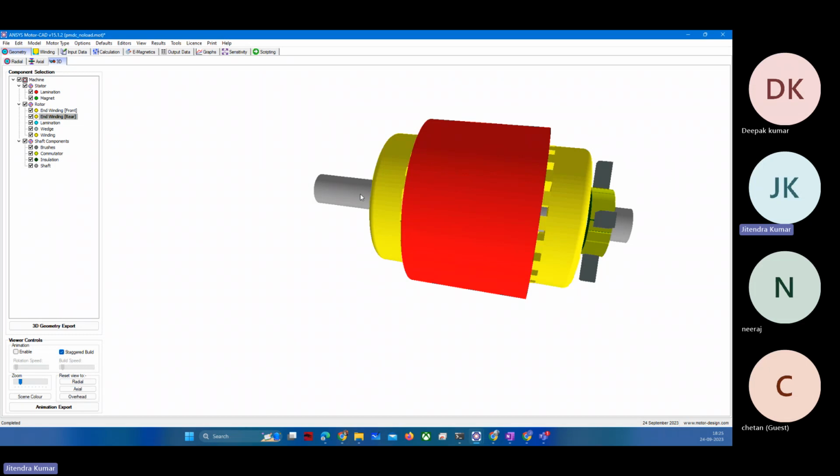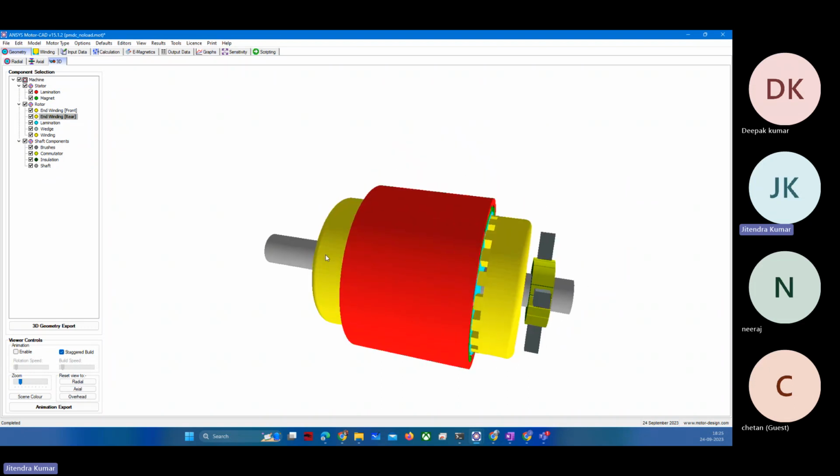So we try to maintain overhang as low as possible, but that creates some other drawback. So you have to gain something and lose something. So here you are maintaining a very nice profile of back EMF and all, but here you will have larger overhang, and in concentrated winding you will just wind the coil in a slot. So your end winding length would be reduced drastically, but that creates so many harmonics and all.